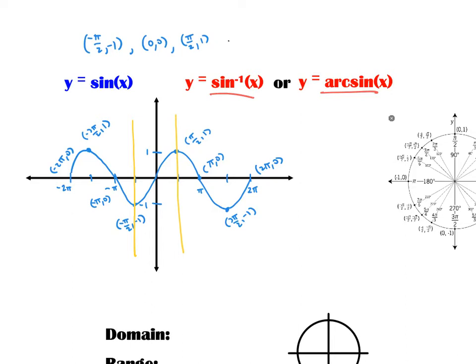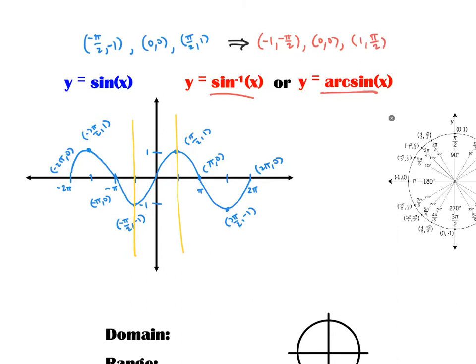So for our inverse function, the following 3 points will be on our inverse: -1 comma negative pi over 2, 0 comma 0, which will not change, and 1 comma pi over 2.